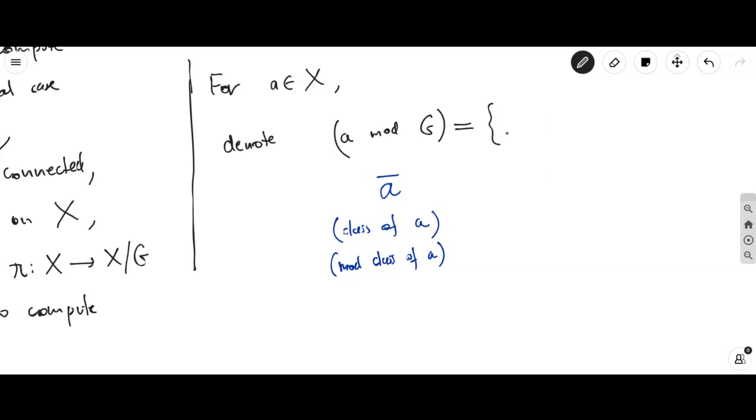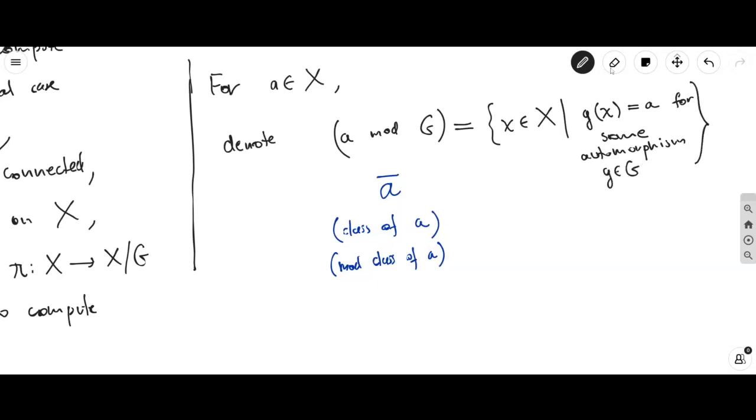Well, this is going to be the collection of all elements X in your space that can be translated into position A, so that G of X is equal to A for some automorphism G. An automorphism is sort of like a permutation of X. It's more than a permutation because it has to be a homeomorphism on top of it, but that's basically what it is.